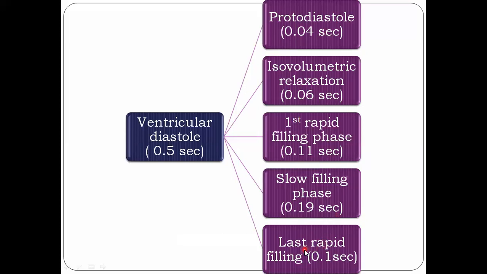Next, we have the last rapid filling phase, which comprises 0.1 second. At the end of this phase, the ventricular filling is completed. This last rapid filling phase coincides with the atrial systole. If we just recollect, we saw that the atrial systole contributes to around 20 to 30% of the ventricular filling.